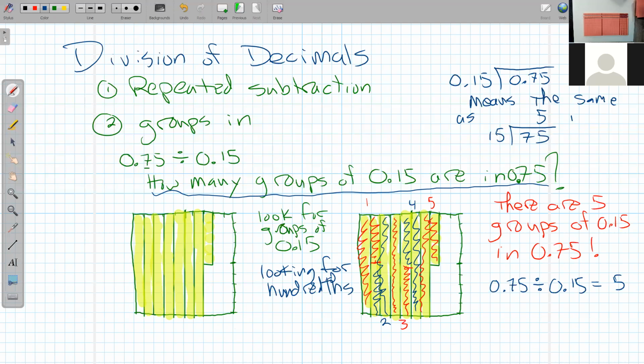This is just whole number division. And we're good at whole number division. Maybe not great, but we're good at it. If I can rewrite a decimal division as a whole number division, then it's no problem. And that's the key to division.